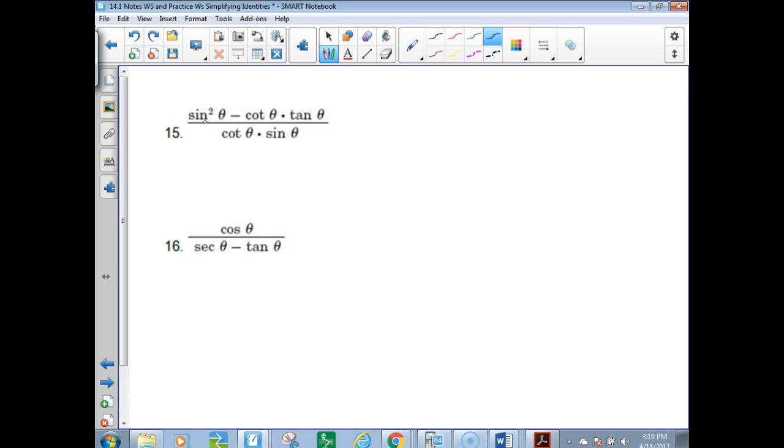I see a sine squared theta. It's starting to get a little more complicated. It's going to take a little longer to get there on this. I see these cotangent and tangent. I'm going to trade them out. Let's get it all sines and cosines.